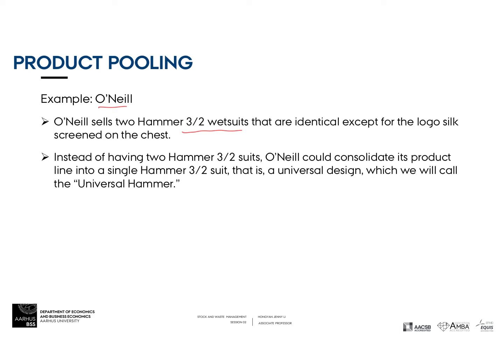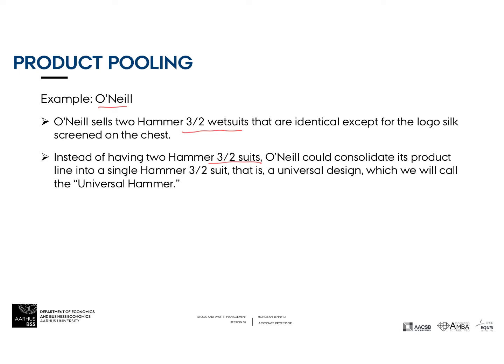Instead of having two Hammer 32 suits, O'Neill could consolidate its product line into a single Hammer 32 suit with a universal design, which we will call the Universal Hammer.